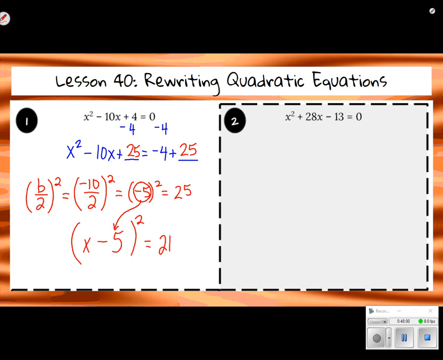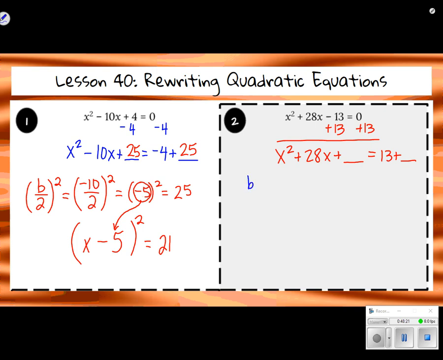We'll do one more, and then we'll wrap up the video. Okay, but that's a lot of writing and rewriting. So let's look. We're going to move the constant. x squared plus 28x plus blank equals 13 plus blank. How do we figure out what goes in the blanks?